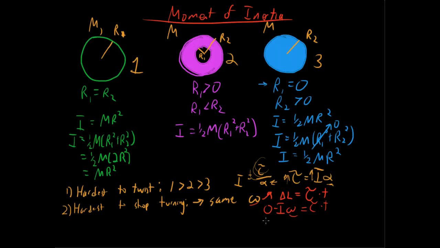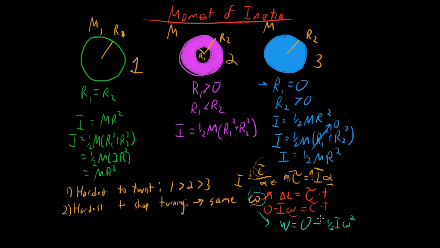Another way to look at this is through energy. So we could just do work equals the change in kinetic energy, which will be 0 because we're going to try to stop it, minus 1/2 I omega squared. So this one, it's also pretty explicit.